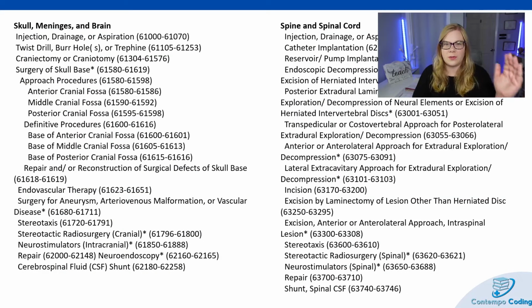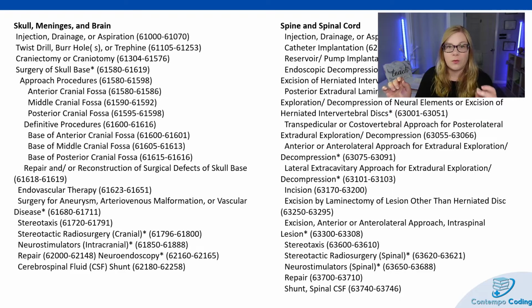Now this one is not going to be in order just because of the way I wanted to organize them on the slide. So we start with our skull, meninges, and brain, and there's a lot of different stuff in this particular section. So we have injections, drainage or aspiration, and then we get into twist, drill, burr hole, or treatment of the skull, meninges, and brain, craniectomy, and craniotomy.